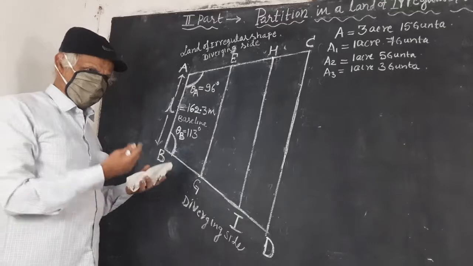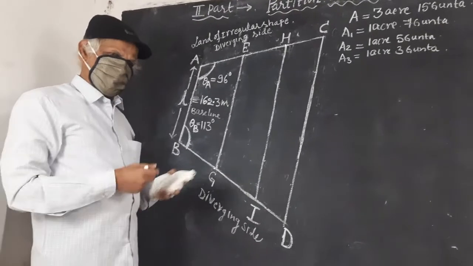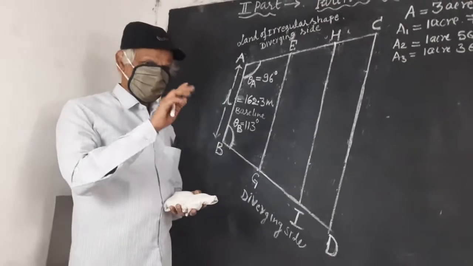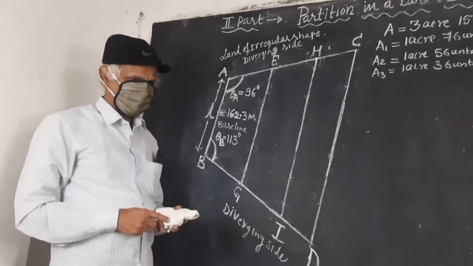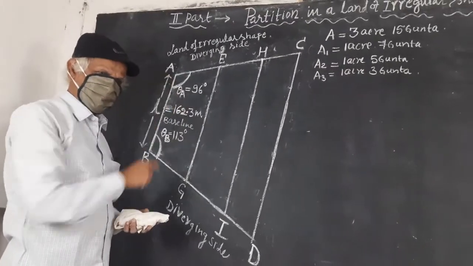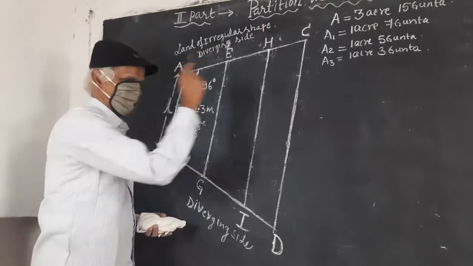Now coming to the subdivisions, here 2 kinds of subdivisions or partitions are possible. One is vertical subdivision or vertical partition and the other is horizontal subdivision.